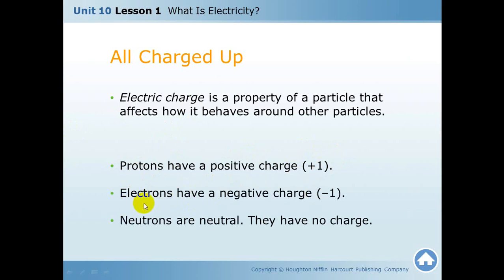Each electron has negative 1. But neutrons are neutral, without any charge. Only the proton and electron have charge. Proton positive 1, electron minus 1, but neutrons are neutral, which means they have no charge.